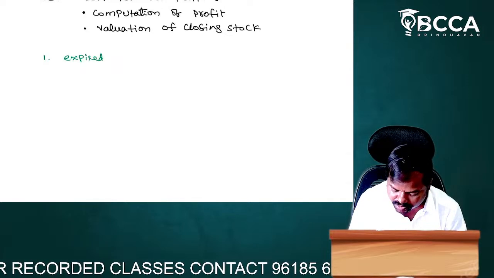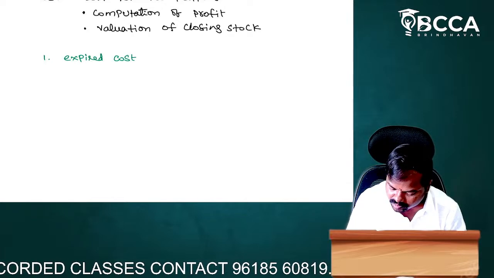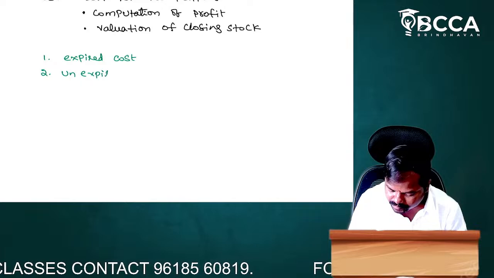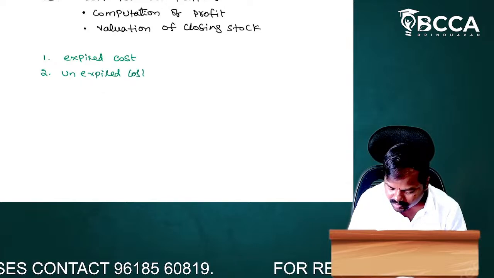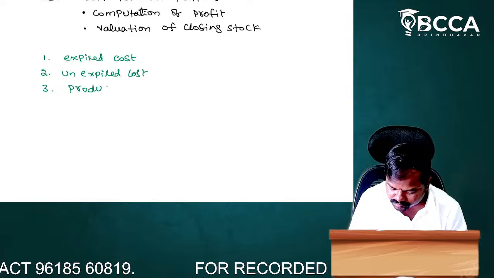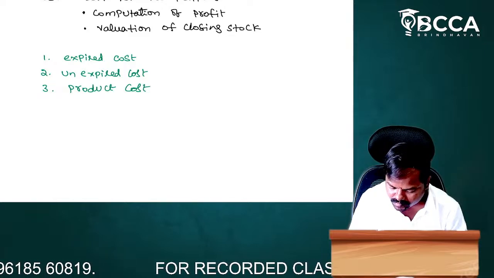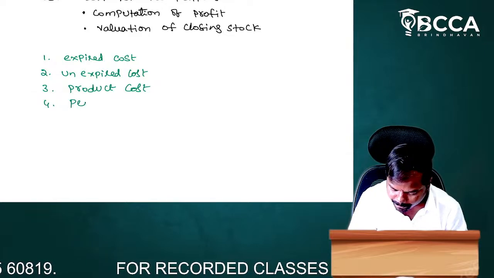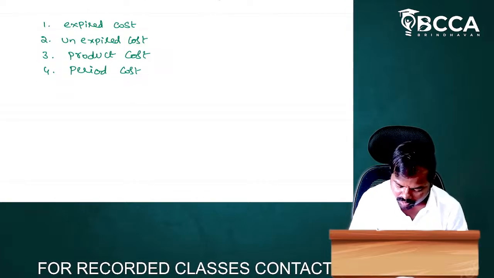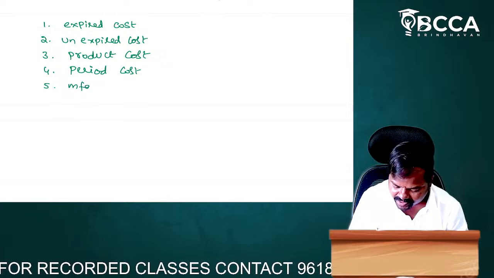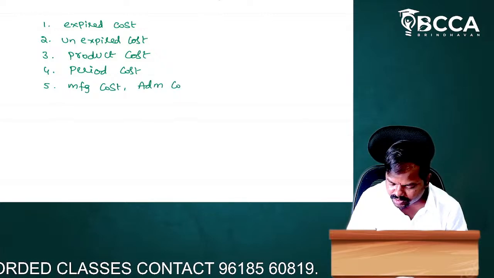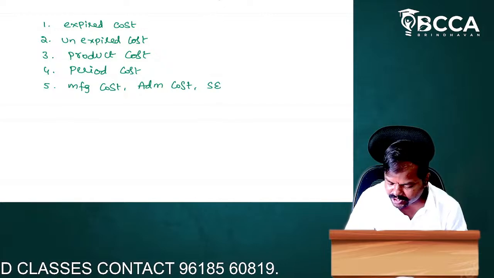Sir, on the basis of this classification, cost can be classified into number one, expired cost. Number two, unexpired cost. Number three, product cost. Number four, period cost. Number five, manufacturing cost, administration cost, selling and distribution cost.